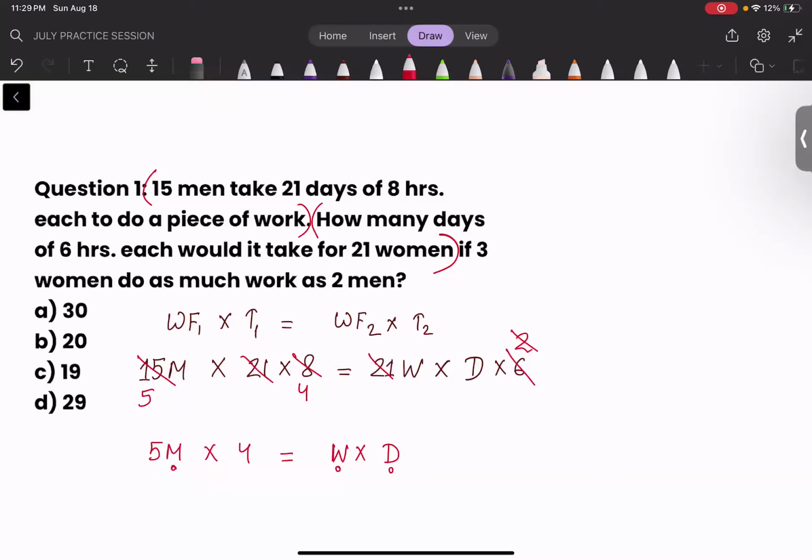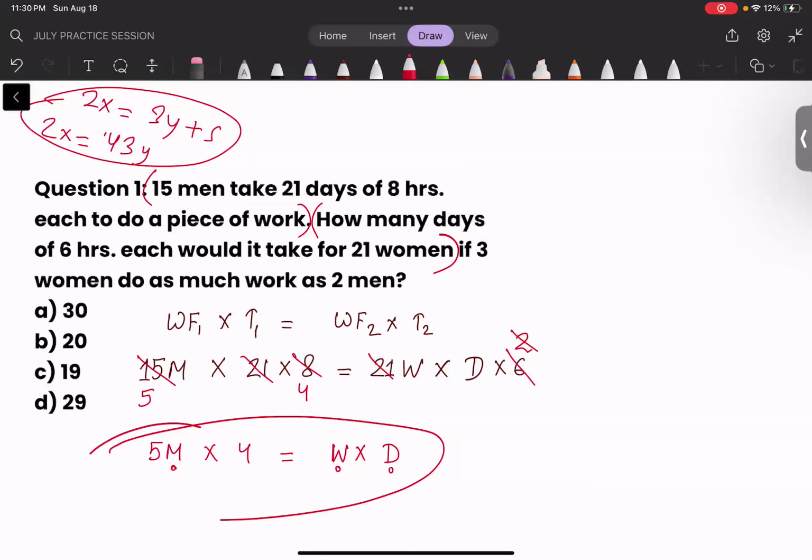For example, 2x equals 3y plus 5. In such an equation, you have x and y as unknowns. In this equation, you have M, W, and D as the unknowns.